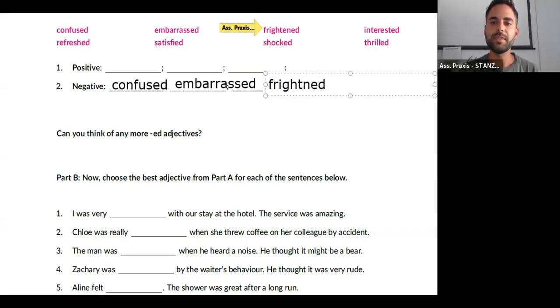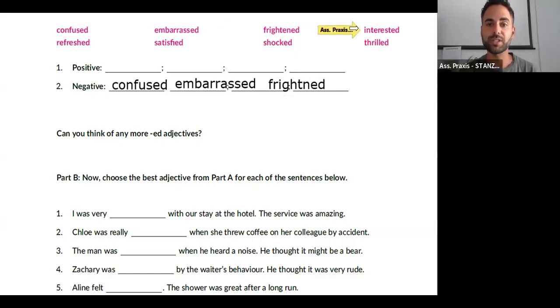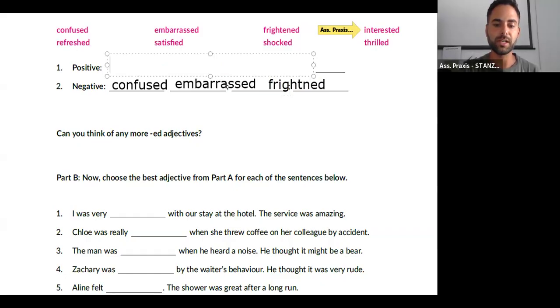There it is. Next one is interested. Interested. Again, positive or negative? Well, interested is a positive adjective. So we're going to put it here. First line.